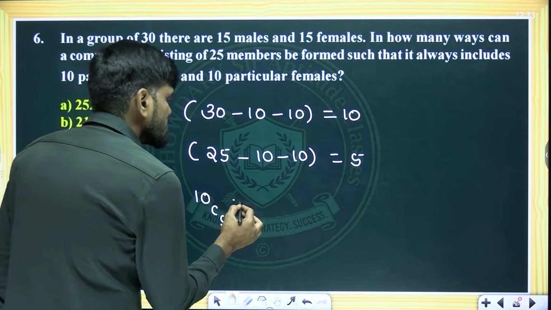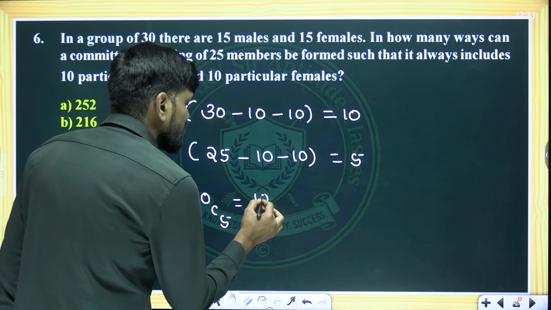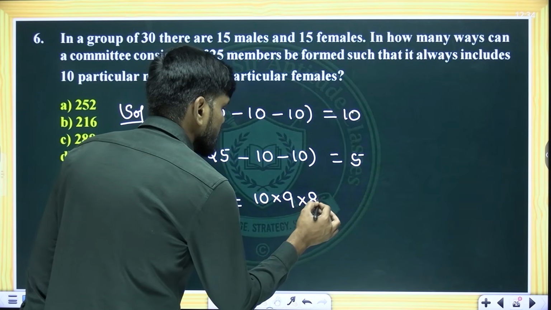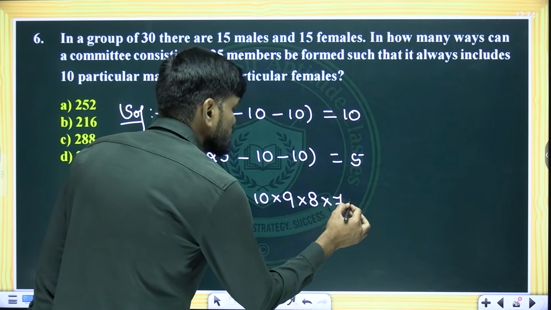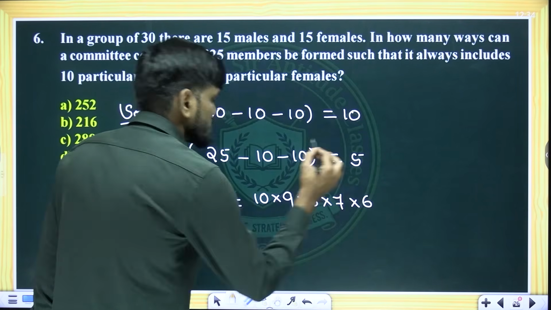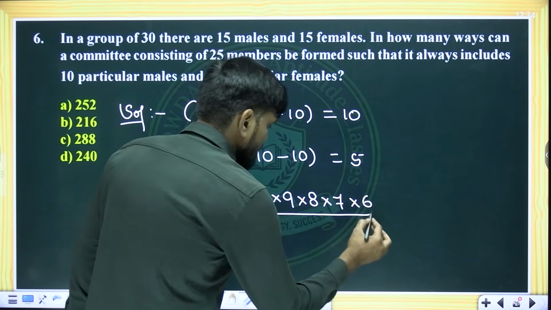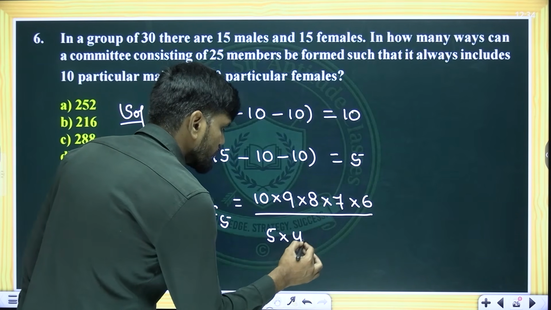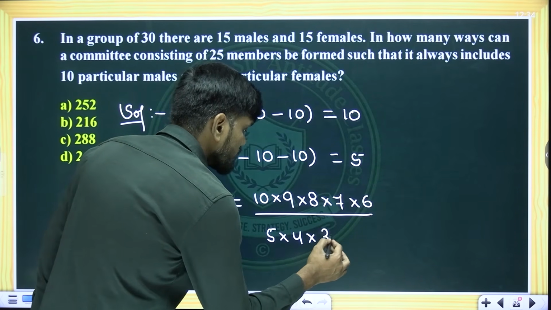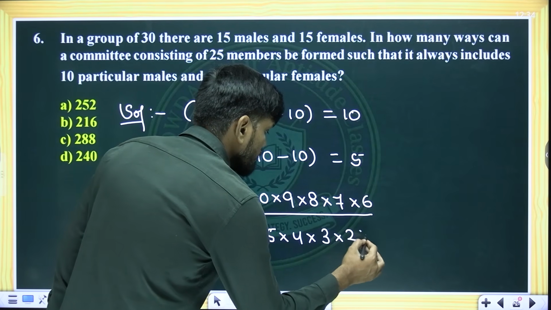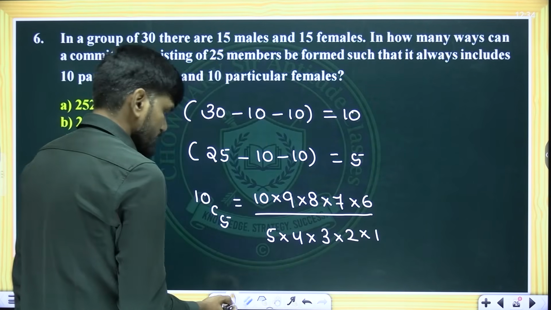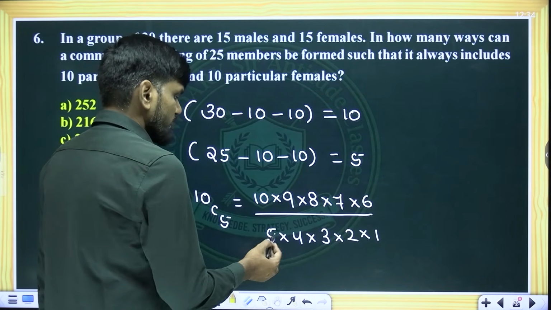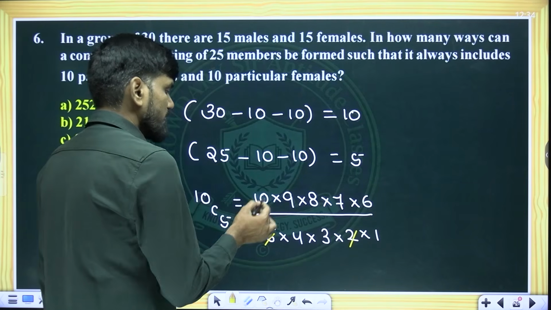10C5. 10C5 is nothing but 10 into 9 into 8 into 7 into 6 by 5 into 4 into 3 into 2 into 1. This gives you, check, 5 2s are 10.